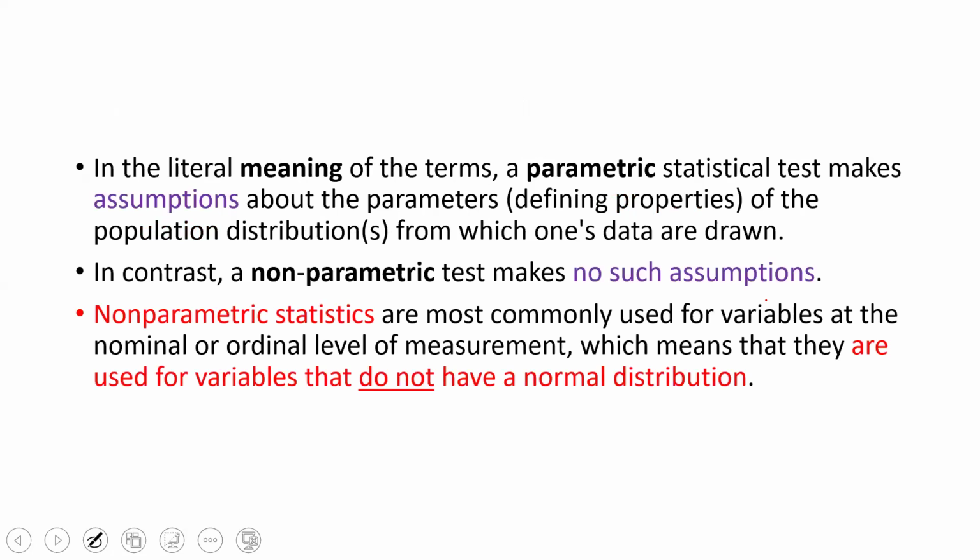So what it means literally is that parametric statistics makes assumptions about the parameters. Remember, I spoke about parameter and statistics in the last class. Parameters are those characteristics from the population. Statistics are the characteristics from the sample.